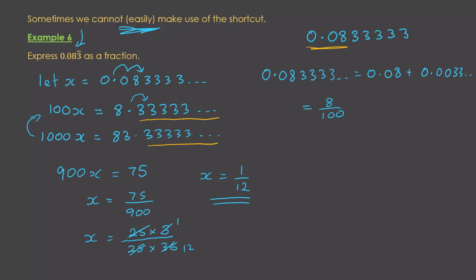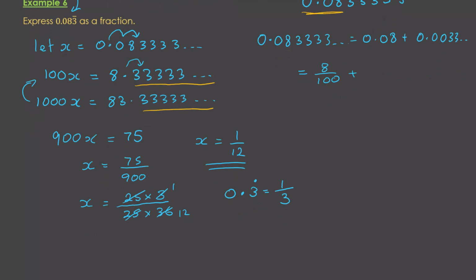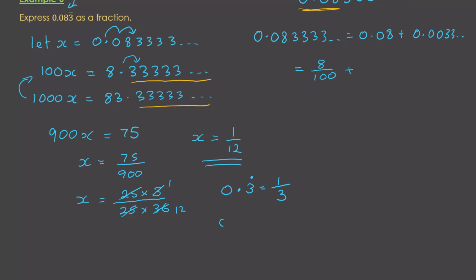The 8, remember, is in the hundredths place. What are we going to do with the 0.0033? Well, we know that 0.3 recurring is 1/3. From that, it should follow that 0.03 recurring, which is just dividing this one by 10, would be 1/30.